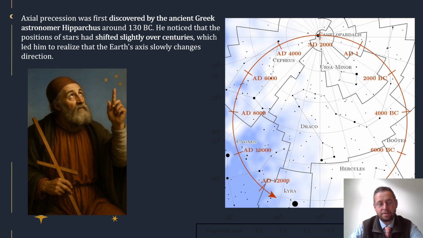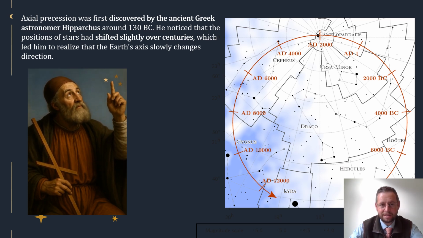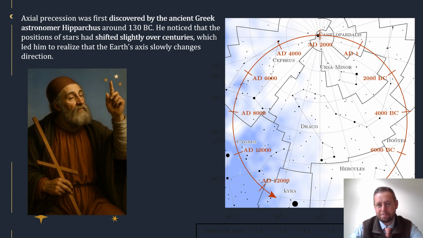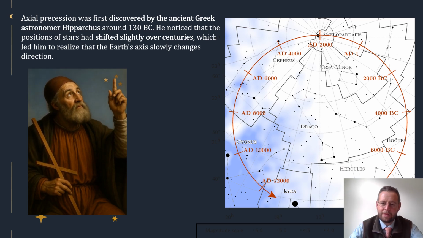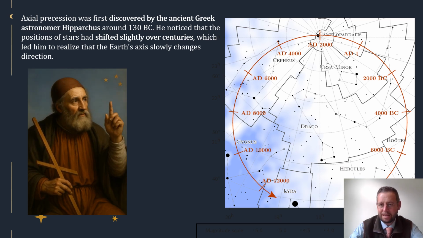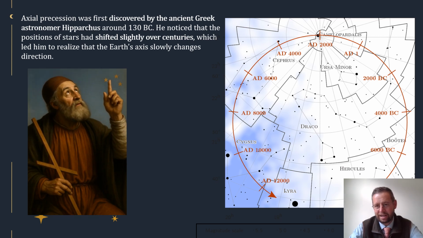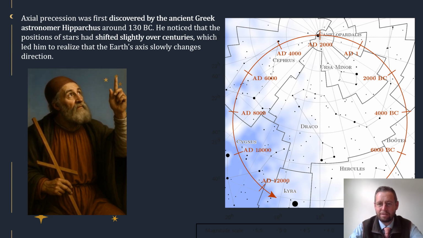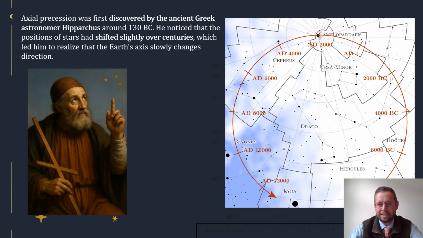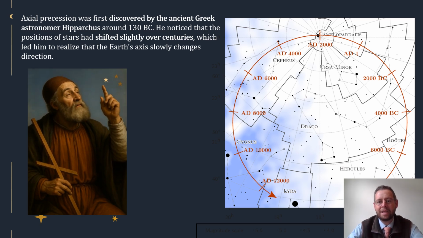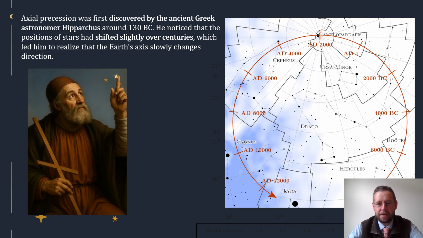Now, it was first noticed really early on by Hipparchus, the ancient Greek astronomer, when he was mapping the sky in 130 BC. Now, the actual motion of what is immediately above our North Pole changes as time goes on. You can see right now that right above our heads, there's Polaris.